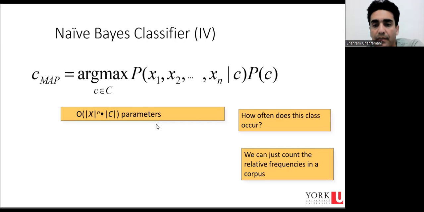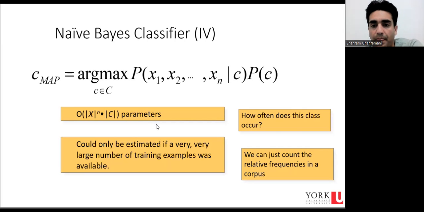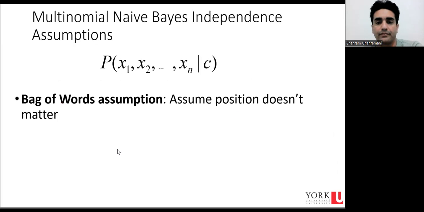That's far too many parameters to possibly compute. We could only estimate them if we had a huge number of training examples, and we usually don't have such an enormous amount of training data. So we are going to make some simplifying assumptions in the naive Bayes classifier to make this computation possible.